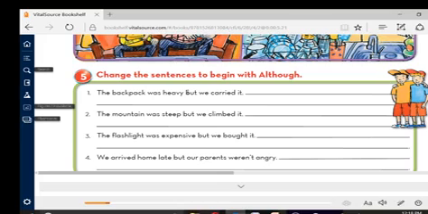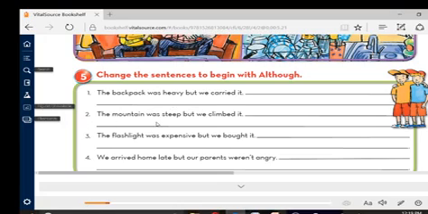Instead of but. And we have to start with although, not use it in the middle. Okay? So, the backpack was heavy, but we carried it. So let's change this sentence using although. Although the backpack was heavy, comma, we carried it, okay?